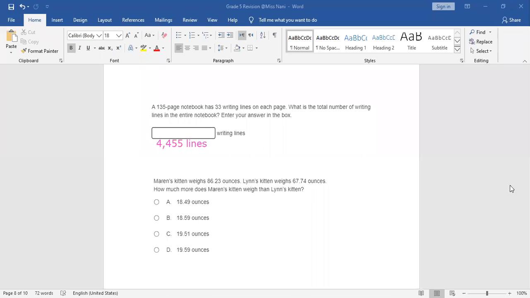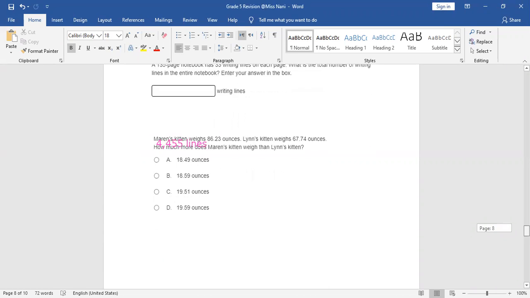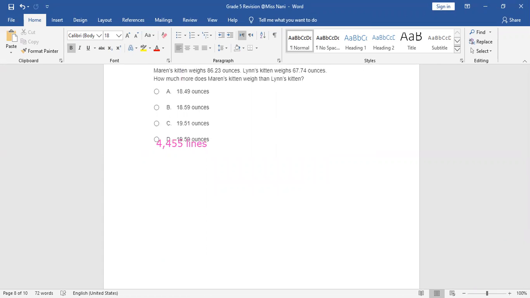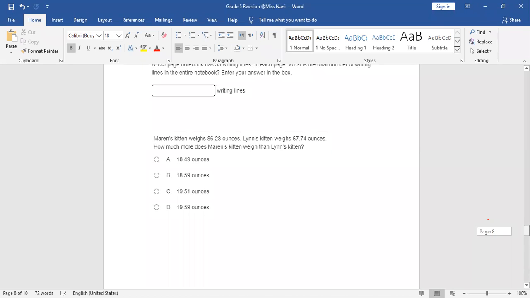Okay, let's go and see. Marin's kitten weighs 86.23 ounces. Lane's kitten weighs 67.74 ounces. How much more does Marin's kitten weigh than Lane's kitten?